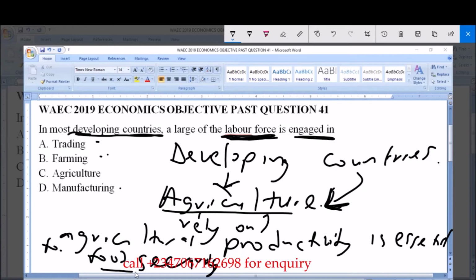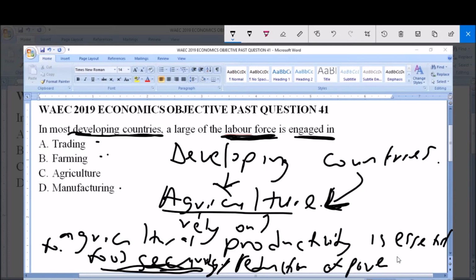So once food security is established, basically most of their problems are already solved, and it also plays a role in poverty reduction, and if done properly, it will in the long run enhance the economy.